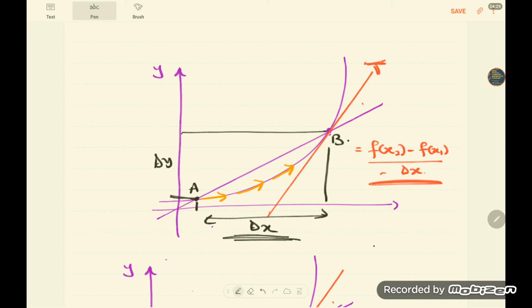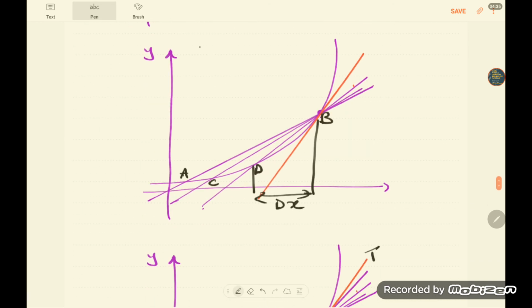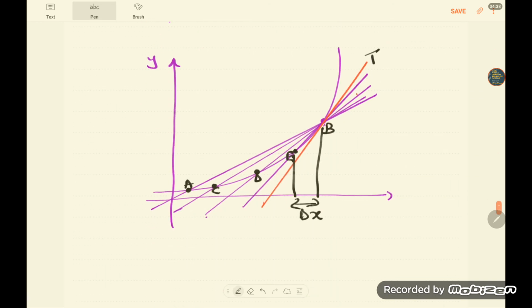The only way we can do this is if A moves up the curve and approaches B, and as it does so, we notice that the change in X is becoming smaller all the time. And as the change in X becomes smaller, the gradient of the line becomes closer to the perfect tangent that we intend to use.